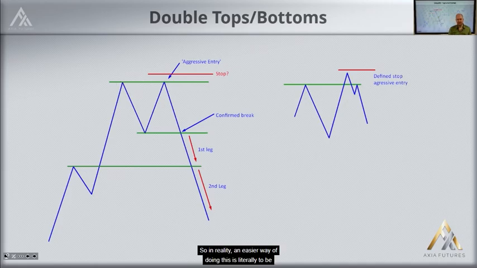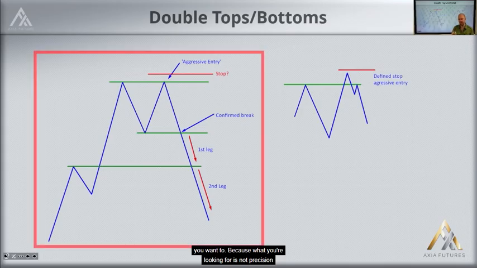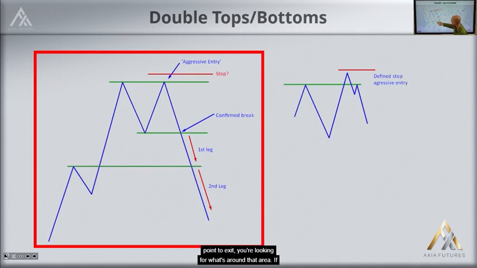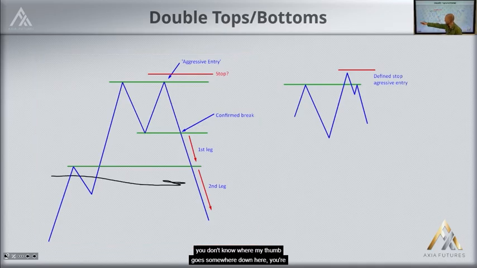So in reality, an easier way of doing this is literally to be simplistic and look at an approximation of target and measure it. And you can do it with your fingers on your screen if you want to, because what you're looking for is not a precision point to exit. You're looking for what's around that area. So if you look now where my thumb goes, somewhere down here, you're now thinking, okay, that's a feasible target.